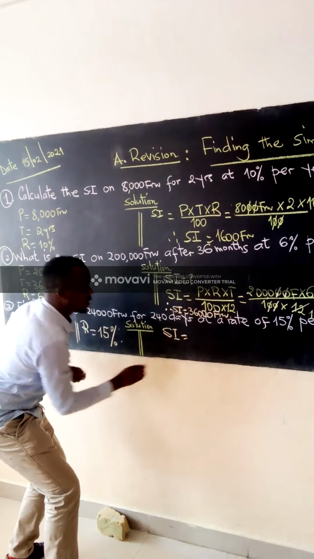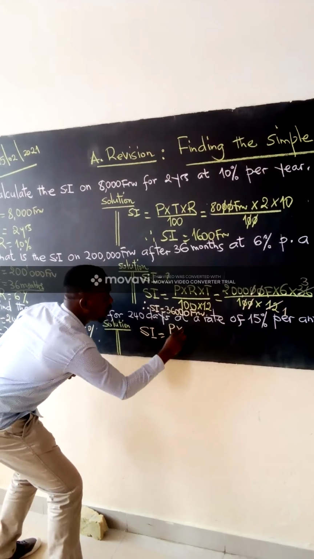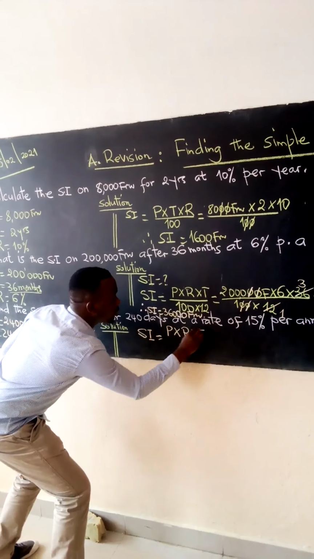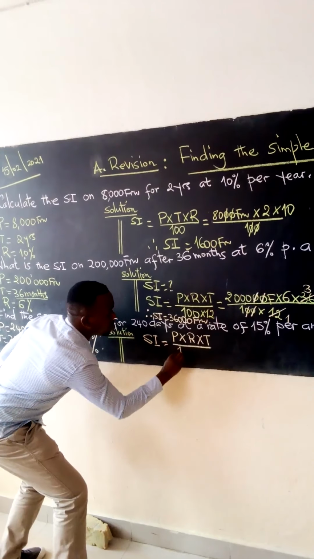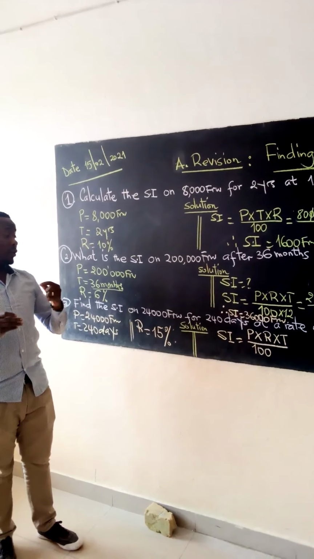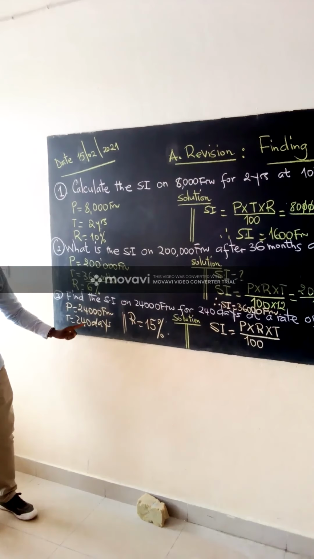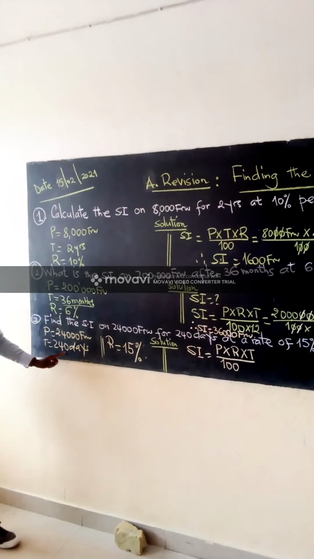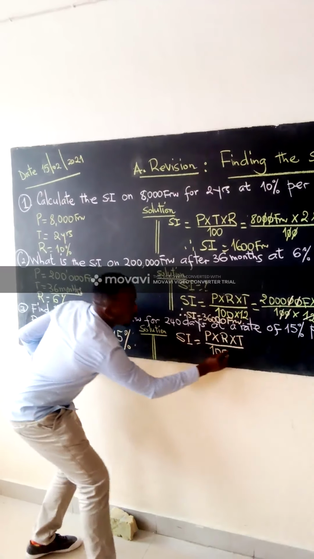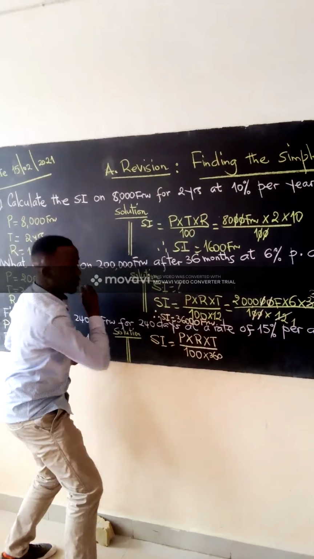SI, by definition, depends on principal, rate, time, but the rate is a percentage. That's why we divide by 100. But remember, when the time is in days, down here we multiply by 360. Good.